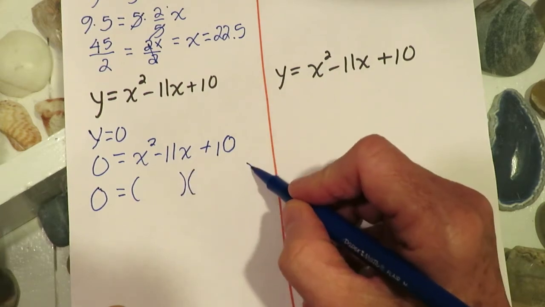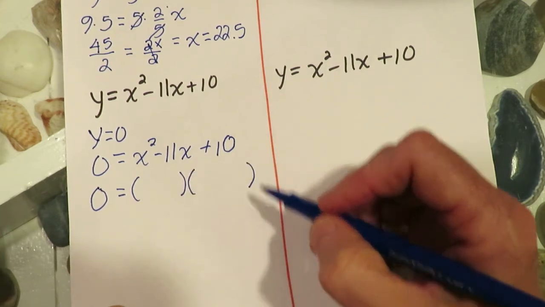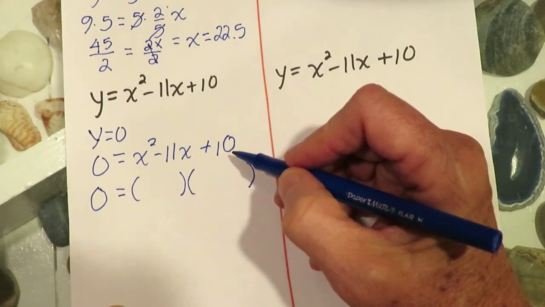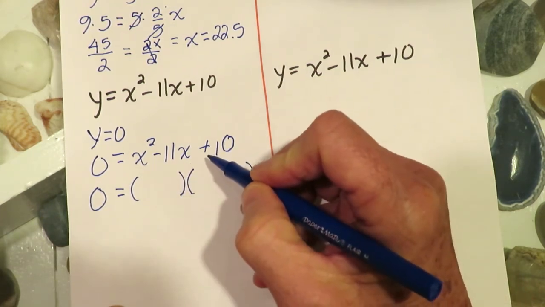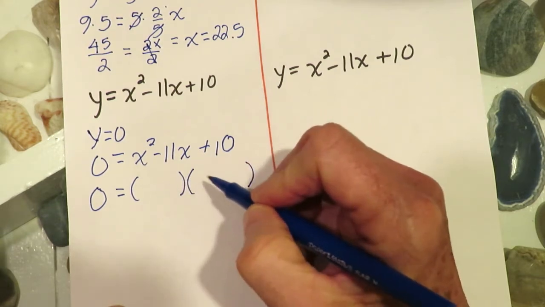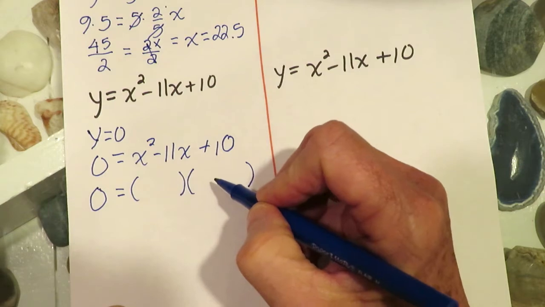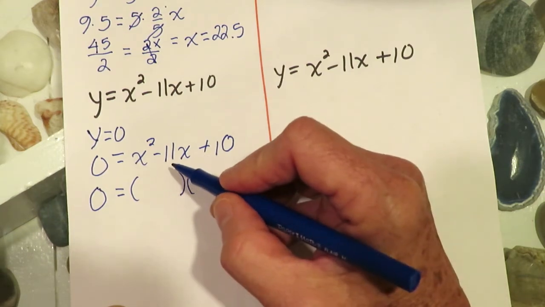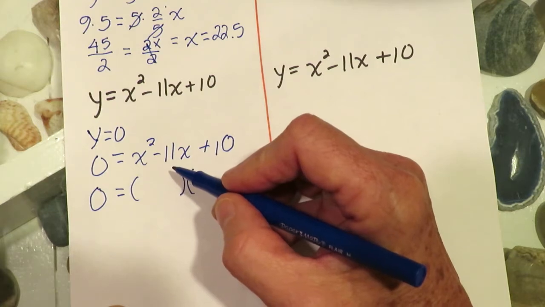When I'm factoring, I'm looking for values that will multiply to give me 10, but notice that there's a positive here, and so both of these factors will have to have the same sign in order to get a positive 10. And so I want those two values then to add to 11.